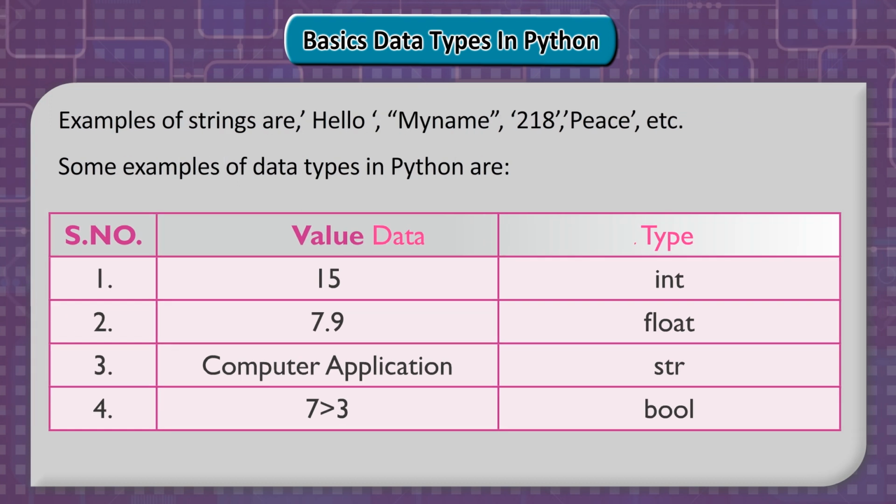Examples of strings are hello, my name, 218, peace, etc. Some examples of data types in Python are: 15, int; 7.9, float; computer application, str; 7 greater than 3, bool.